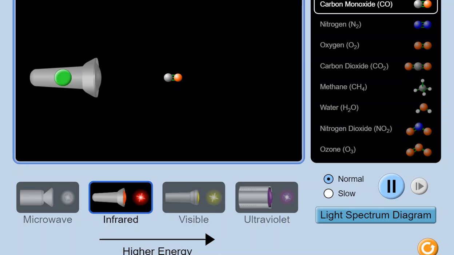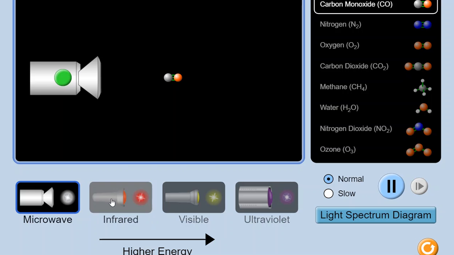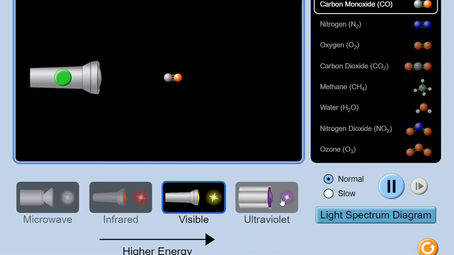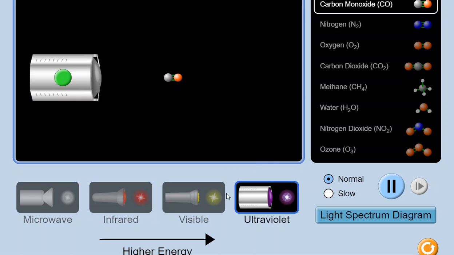Okay, so pulling up the PhET simulation, here is what you can see. You can select different types of light, like microwave, infrared, visible light, ultraviolet. If I zap this with ultraviolet, nothing's happening for that particular molecule. The molecule I have up right now is carbon monoxide.